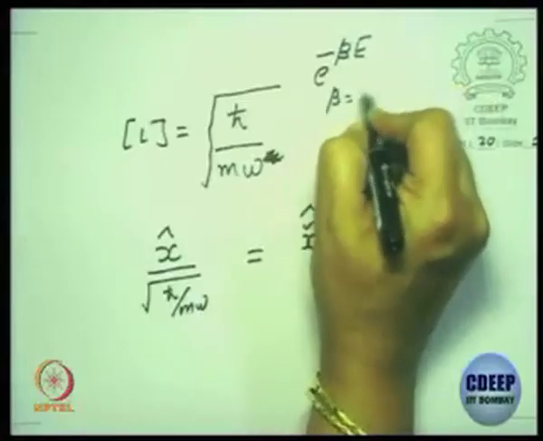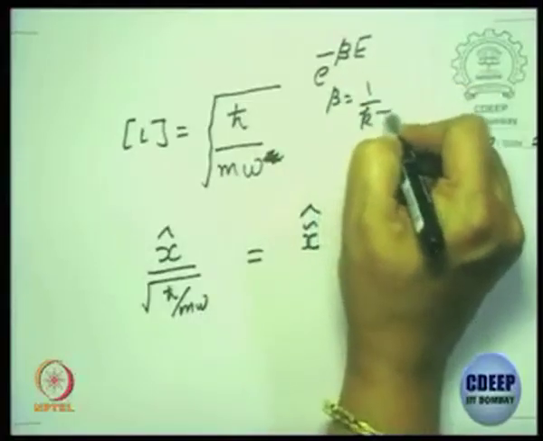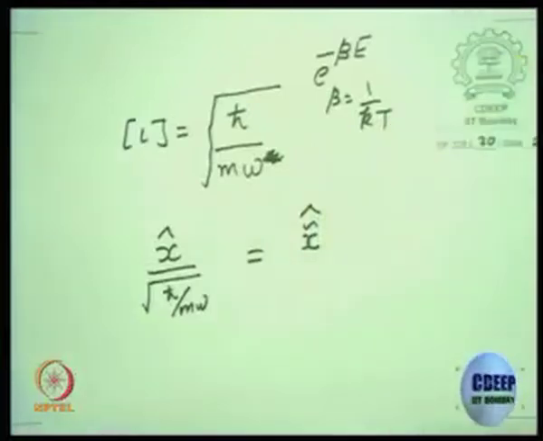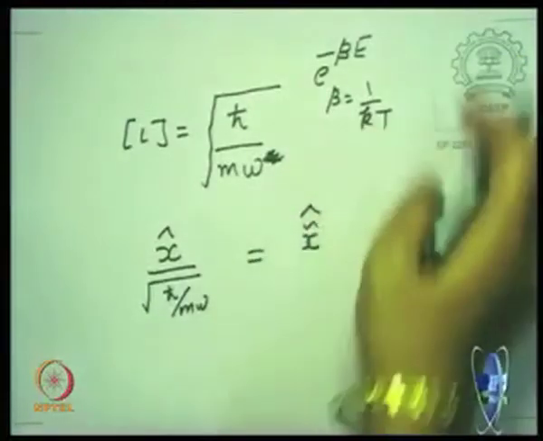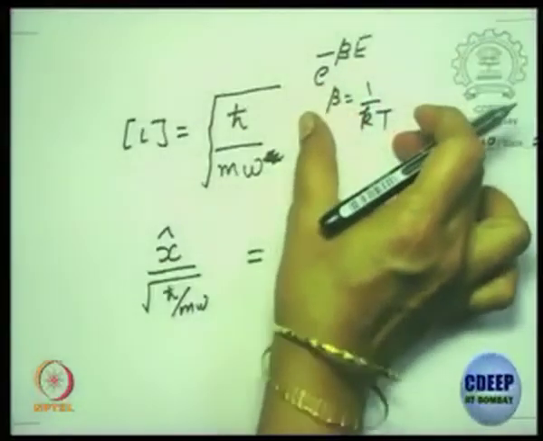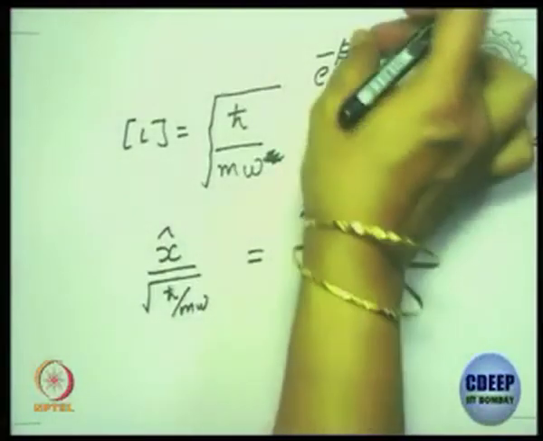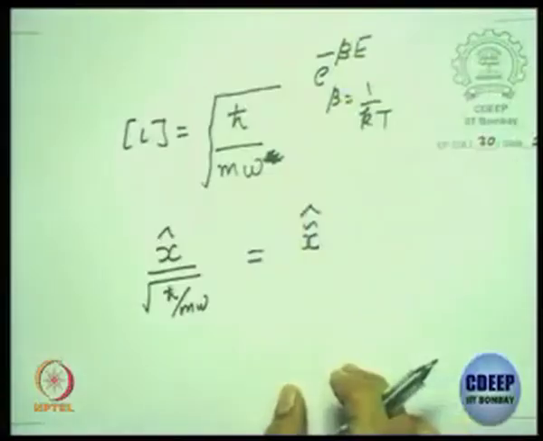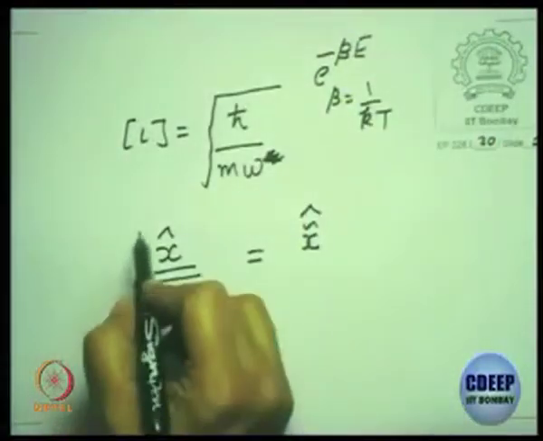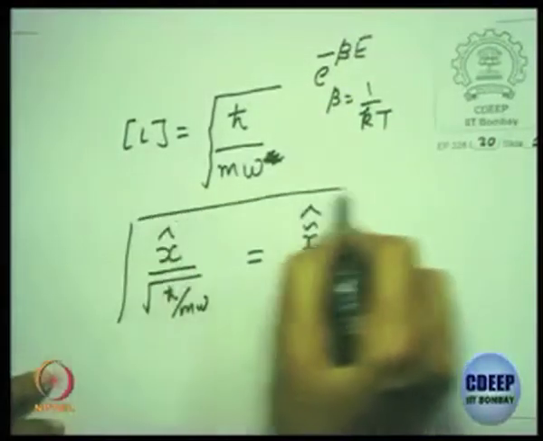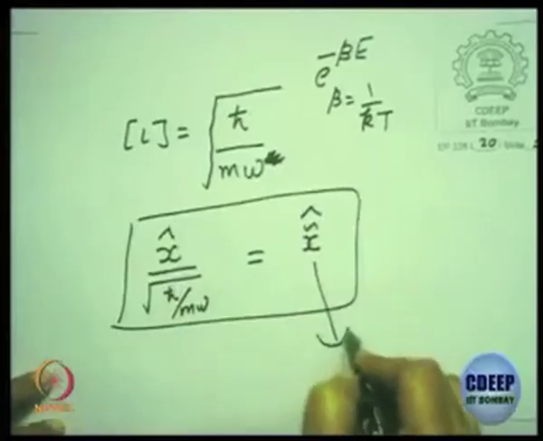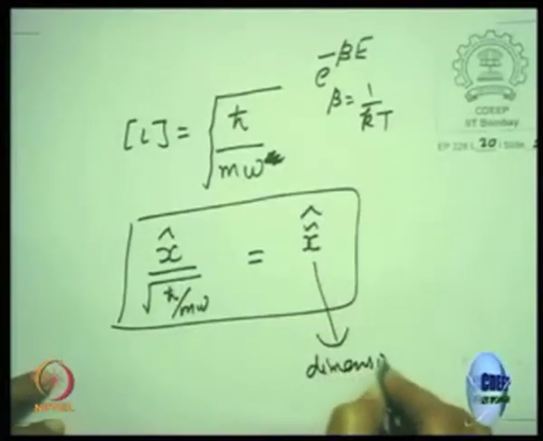So beta is 1 by kT, a dimensionful quantity with inverse energy, so that E times beta is dimensionless. In a similar way, you can treat this one to be dimensionless.